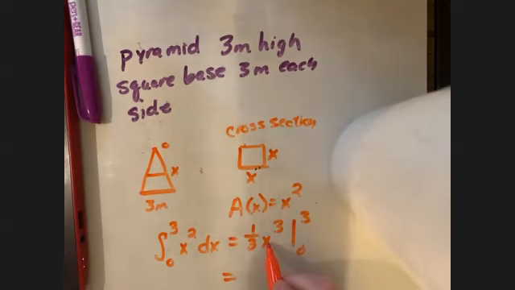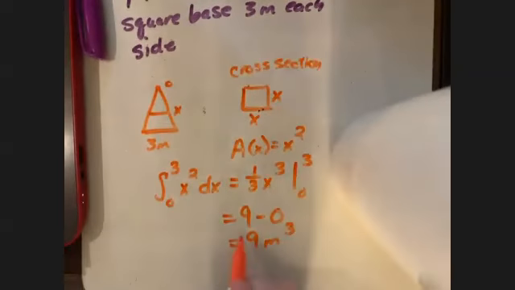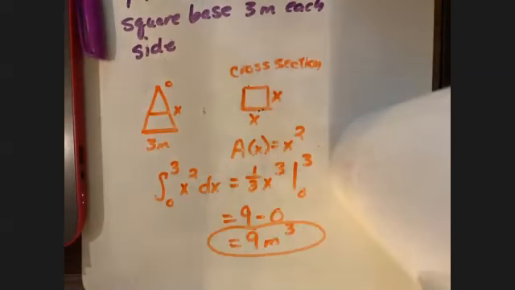So we have 3 cubed, that's 3, 9, 27, and one third of 27 is 9, minus 0, so that's going to be 9 meters cubed. So there's our volume.